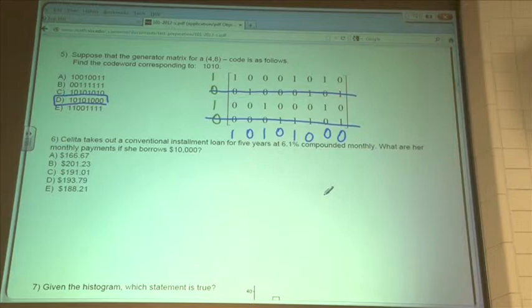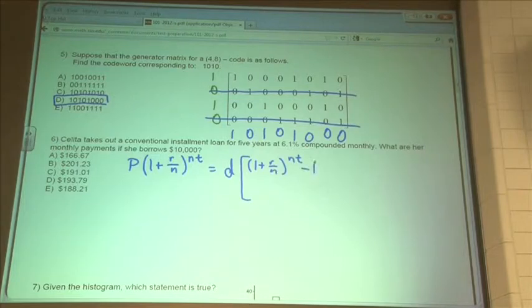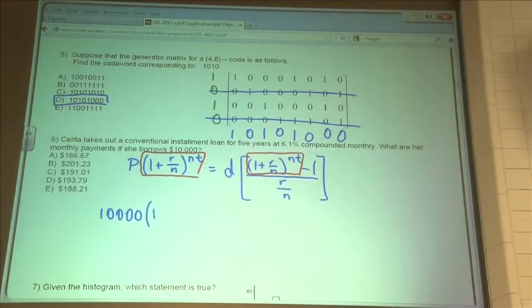So we're looking at P times 1 plus R over N to the NT is equal to D, that's your monthly payment that we got to find, times plus.